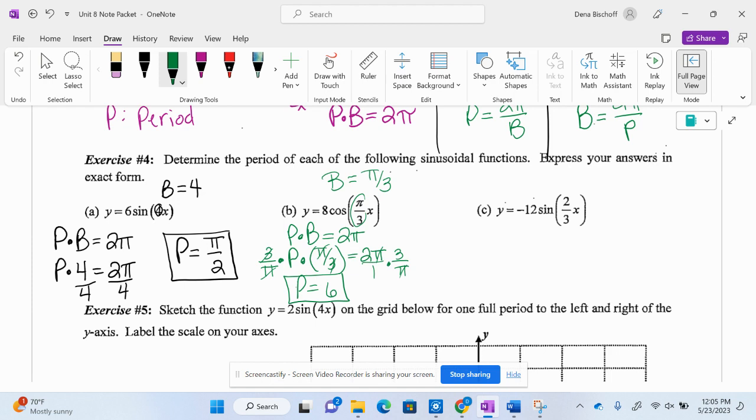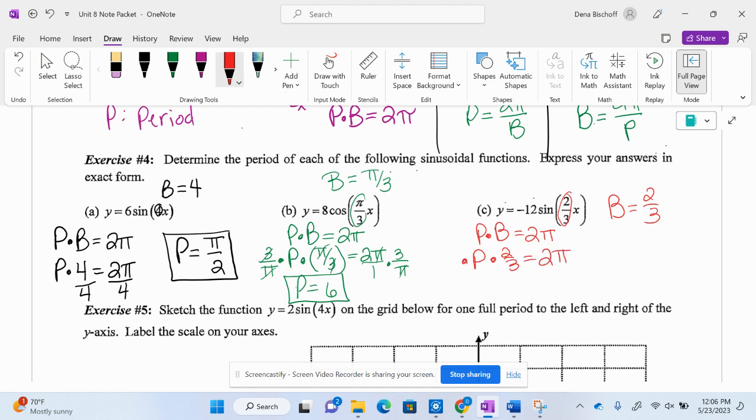Okay, what is the frequency in example C? What is it? Yeah, 2 over 3. So let's see. Period times the frequency equals 2 pi. So the period times 2 over 3 has to equal 2 pi.